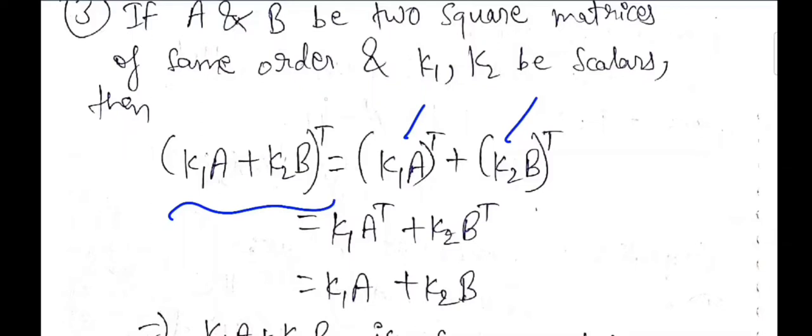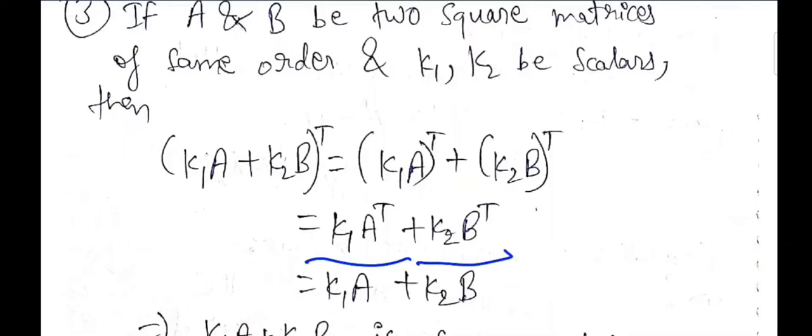As it follows the distributivity property, clearly the transpose will be distributed over both of them. After that we know very well that K1 and K2 are scalars, meaning normal numbers. So by the above property which I told you just before this, we can write K1 times A transpose, K2 times B transpose.